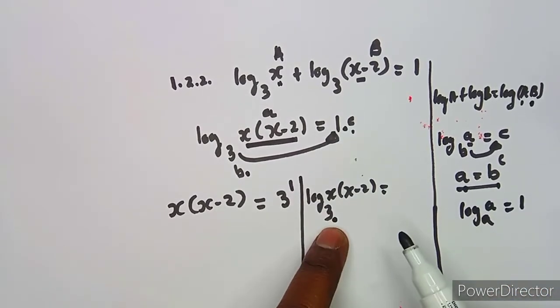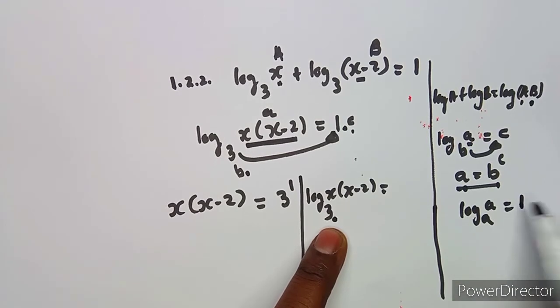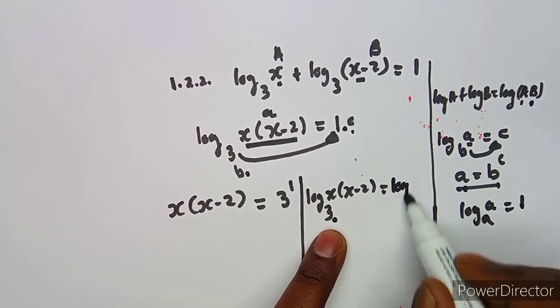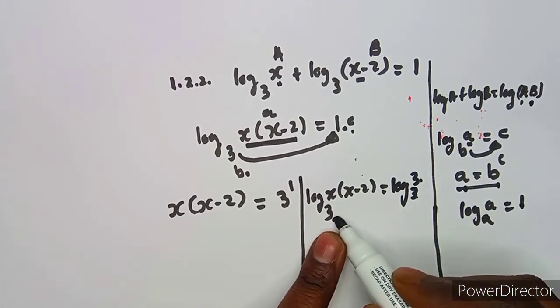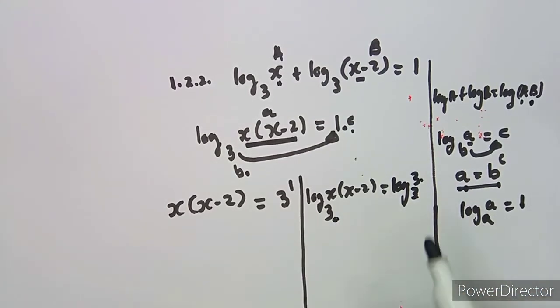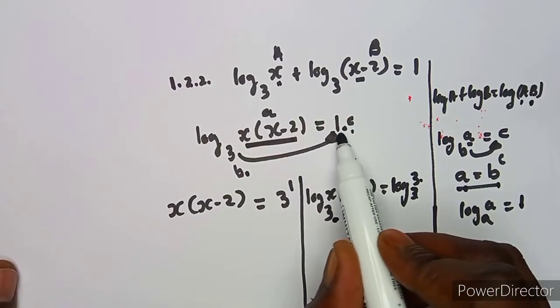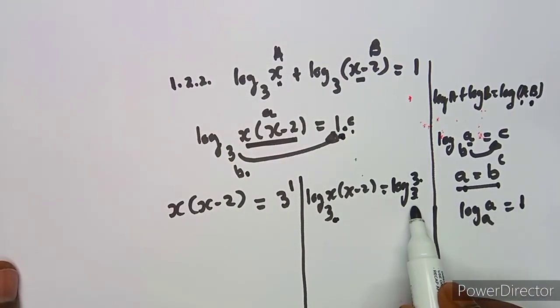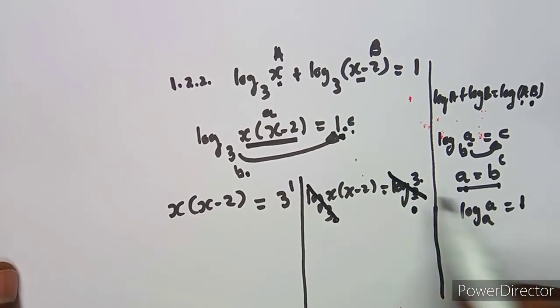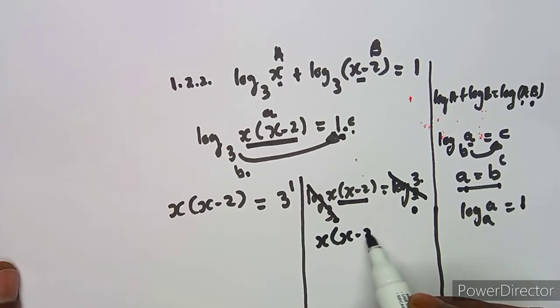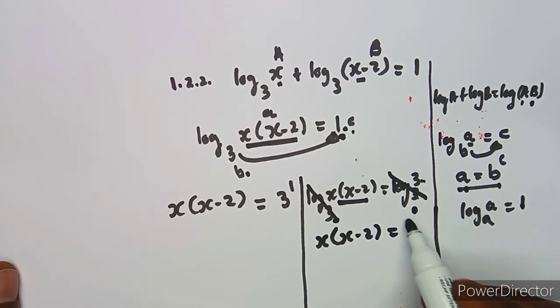So since we are in base 3, for us to obtain 1, it is going to be log 3 base 3, because the number and the base should be the same. So what we are simply doing is writing a 1 in terms of a log, so that we can cancel the log and the log on this one. So it means x into x minus 2 is equal to 3.